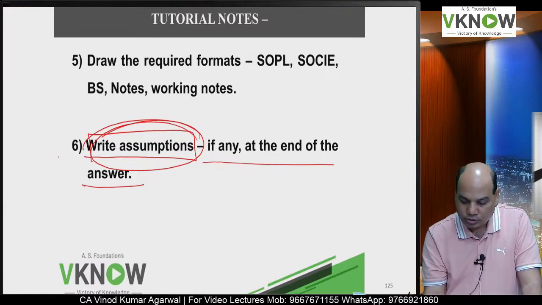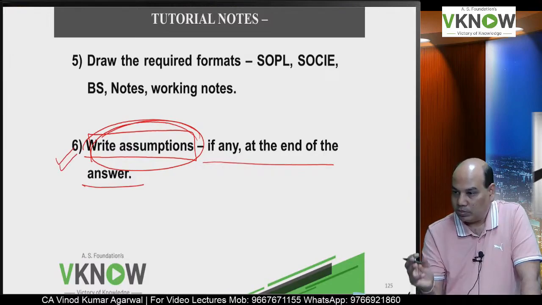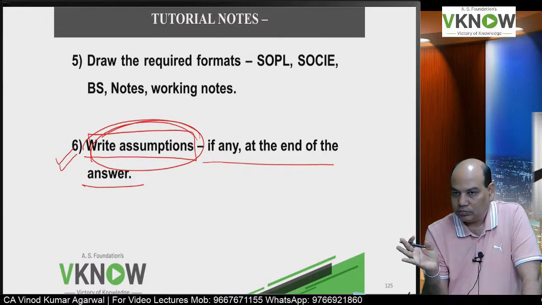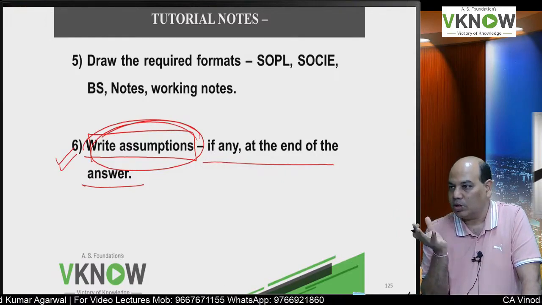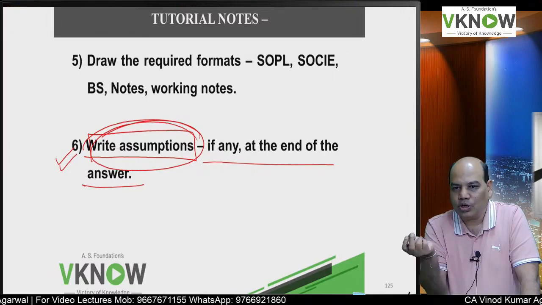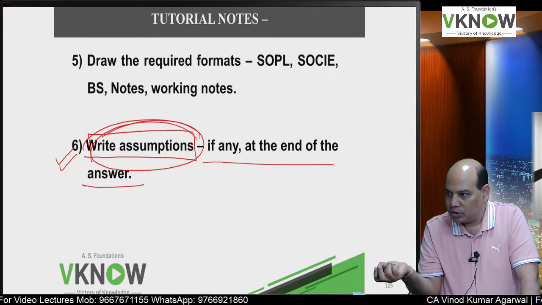So if you write assumption, the examiner will understand that you have made your answer based on this assumption. Like for example, only loan is appearing in the problem. It can be current or it can be non-current. So write down, we have assumed loan as current or non-current. Understood?